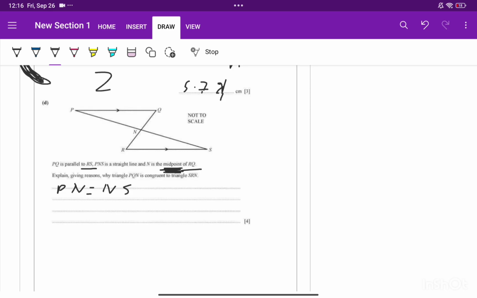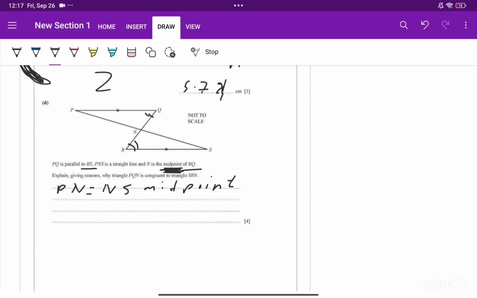Why? Because of midpoint. So the reason will be midpoint. Okay, and then angle PQN and angle NRS will be the same. Why? Because of alternate angles, as these two lines are parallel and there is a cross line.